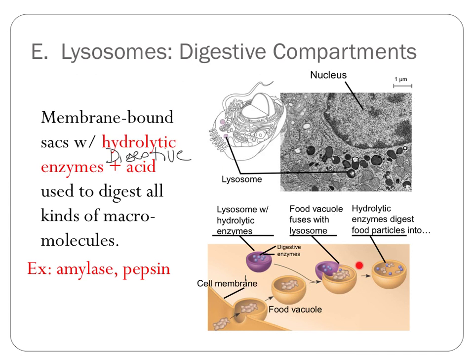And so the enzymes can come and break down the food, and then those nutrients can be sent to where they need to go. They can be the source of amino acids for proteins or sugar to make ATP or whatever.